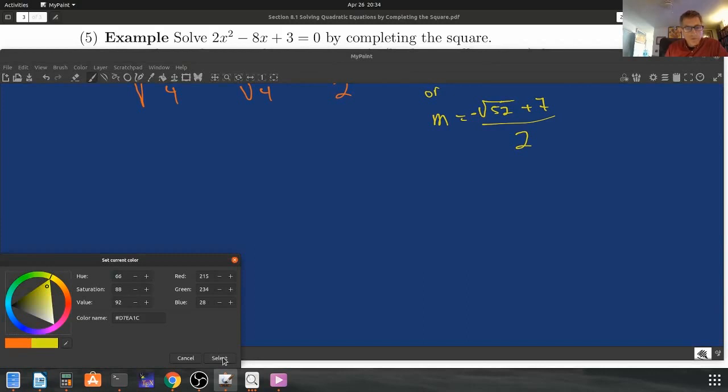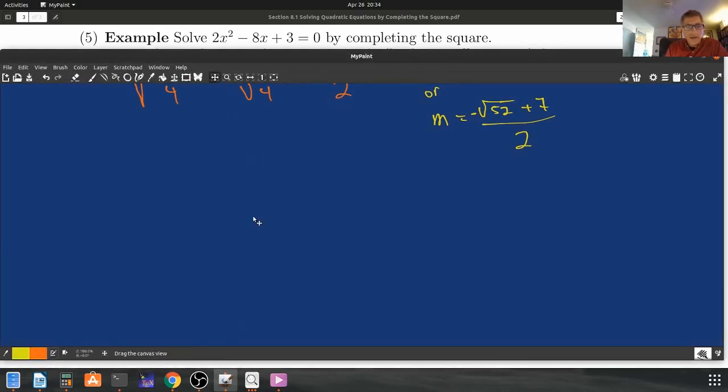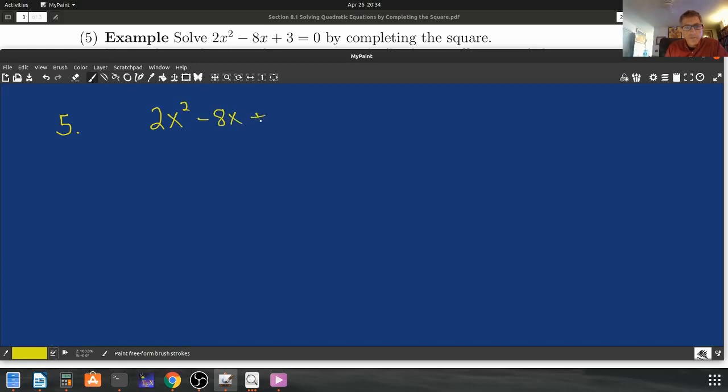So if you go back and you look at our method of completing the square, it required that the leading coefficient be 1. And here we don't have a leading coefficient of 1, and I'm assuming, yeah, this is definitely prime. There's no way I can solve this by factoring.